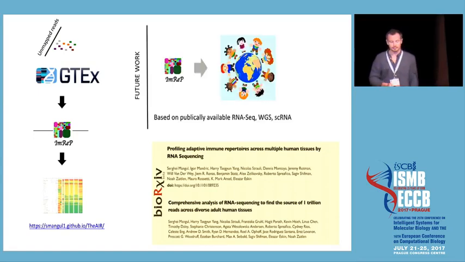As future work, we plan to scale, possibly to profile all existing sequencing data, including whole genome, RNA-Seq, and single-cell data, with the aim to create a global immune repertoire atlas, like an immunome, of all the nations and people in the world. If you have data you want to share and be part of it, please talk to me.